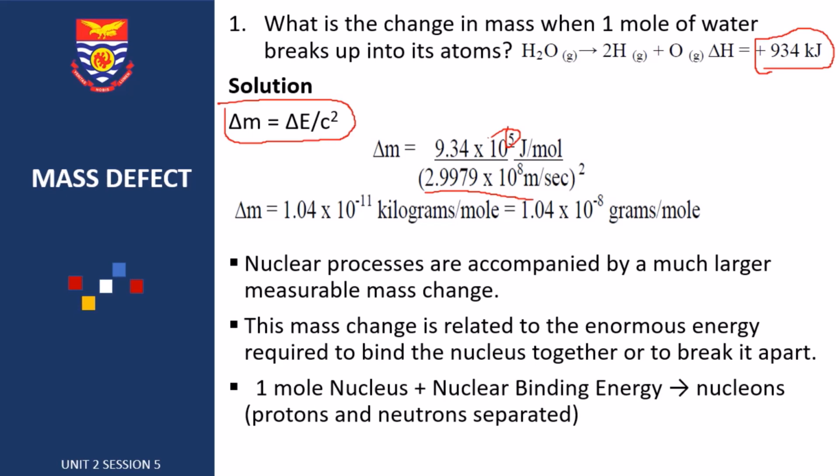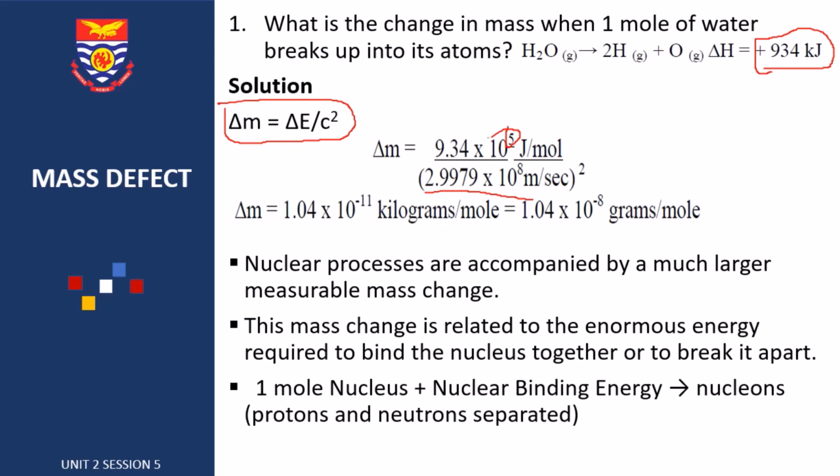We said that the release of energy and change in mass are not separable, and so nuclear processes are always accompanied by large measurable mass change, and because of that there is an enormous amount of energy that is always released during nuclear reactions.